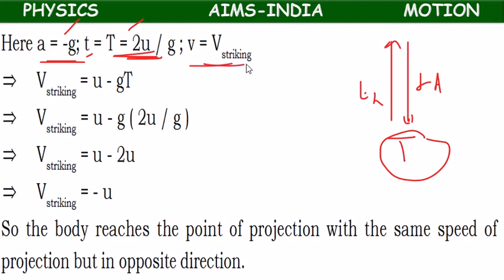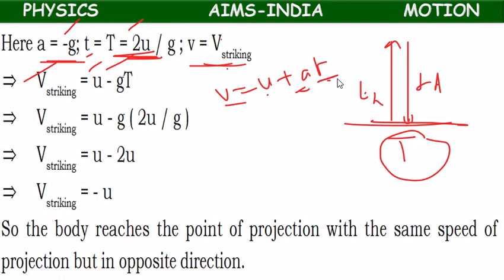We have to find the striking velocity, the velocity with which it will strike the point of projection. So in v equal to u plus at, in place of v we keep v striking, u stays as u, in place of a we put minus g, and in place of small t we put capital T, the time of flight.